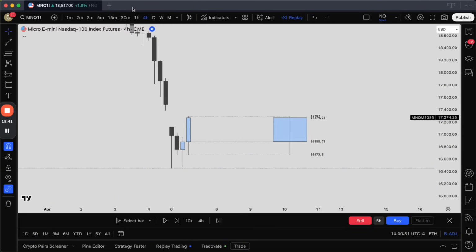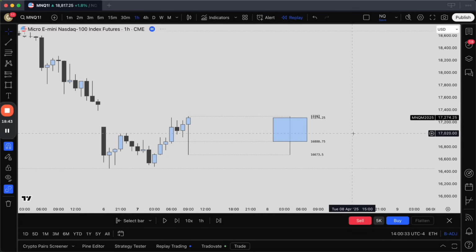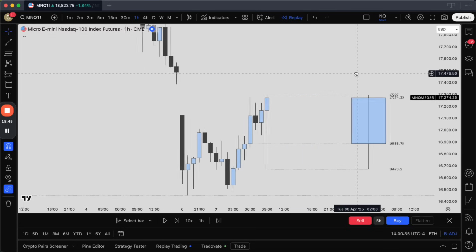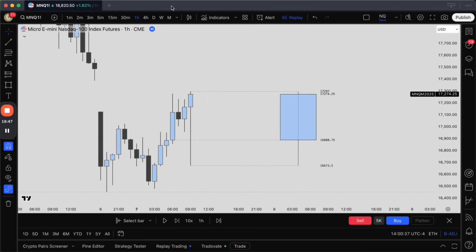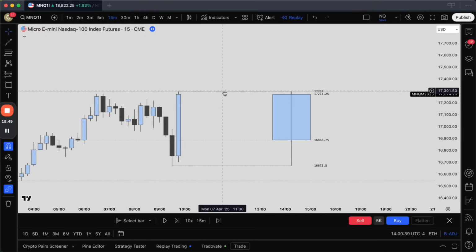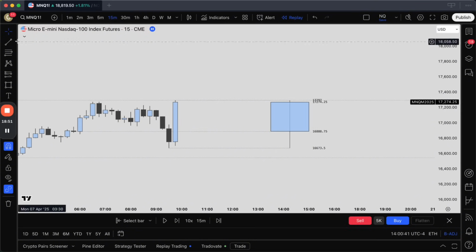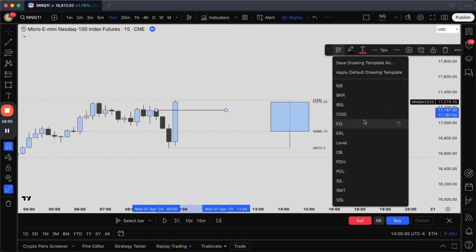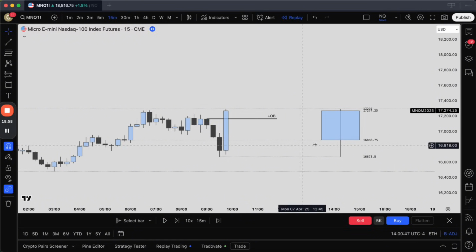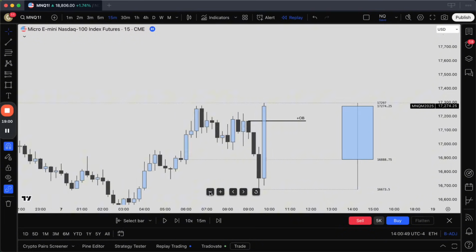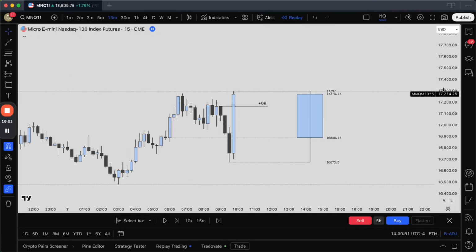So let's see. I'd drop to the hourly. Okay. Look for any PD arrays. I don't really see any PD arrays, although I do see this beautiful 15-minute order block. Why is this an order block? Well, because this up close candle closed above this series of down close candles that swept those lows, right?